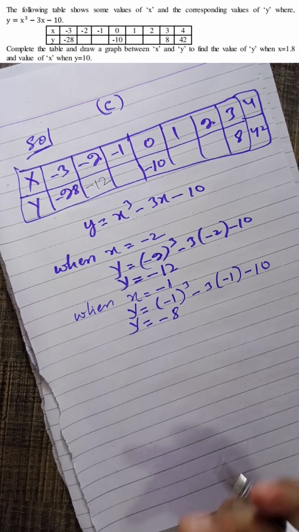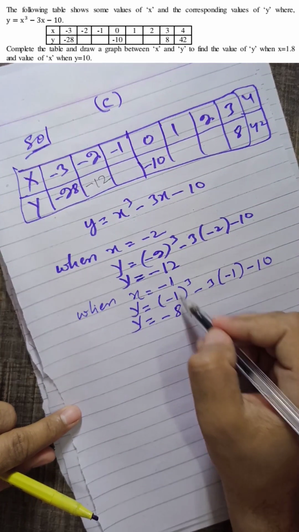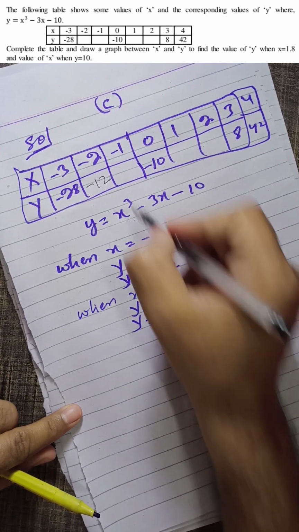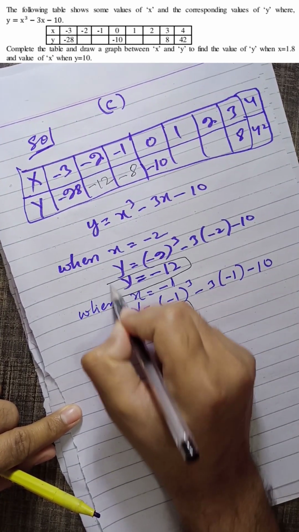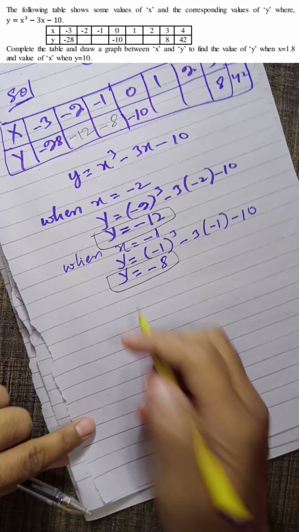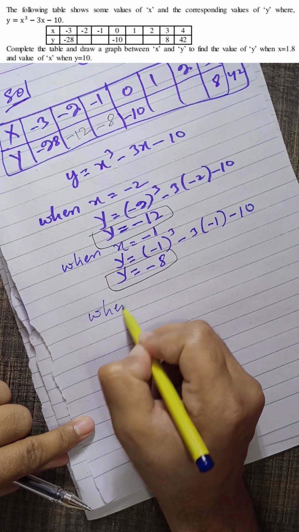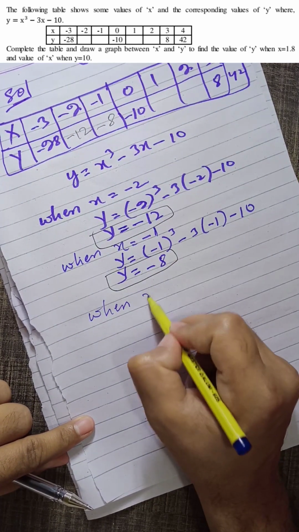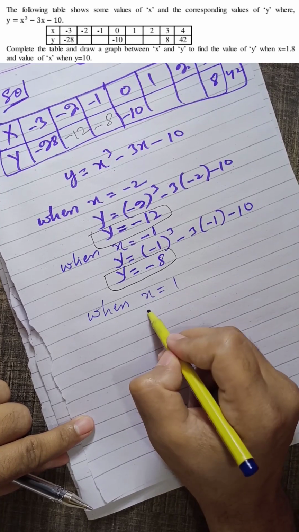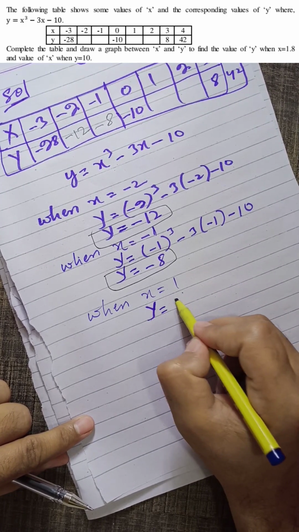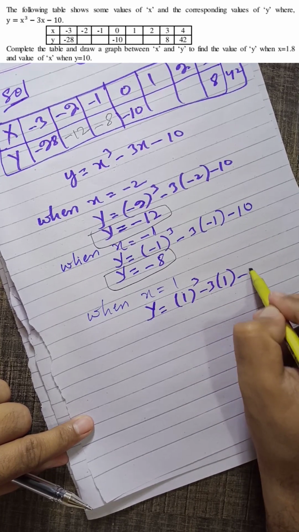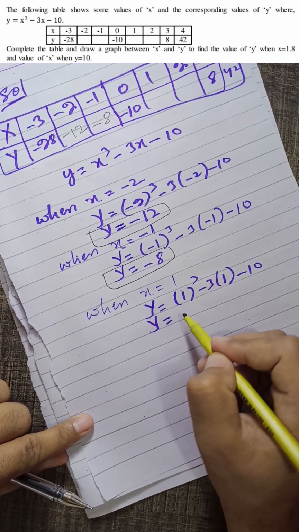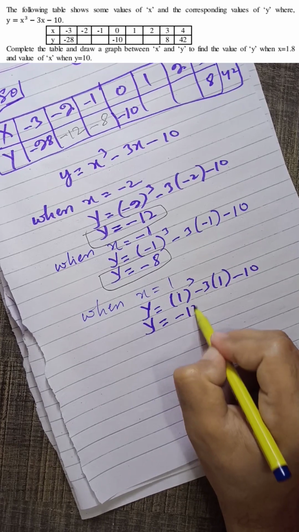Now if x is minus 1, then y will be minus 8. Now when x is equal to 1, y will be equal to 1 cube minus 3 into 1 minus 10. Then y will be equal to minus 12.